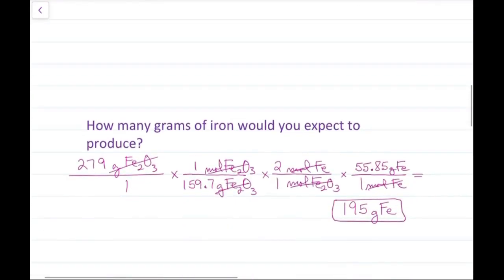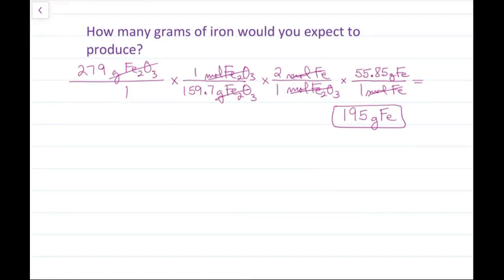But the problem with that is that bigger number wouldn't have been true. I wouldn't have actually produced that much because the reaction would have stopped before I used 113 grams of aluminum, because I would have run out of my limiting reactant, which is the Fe2O3.